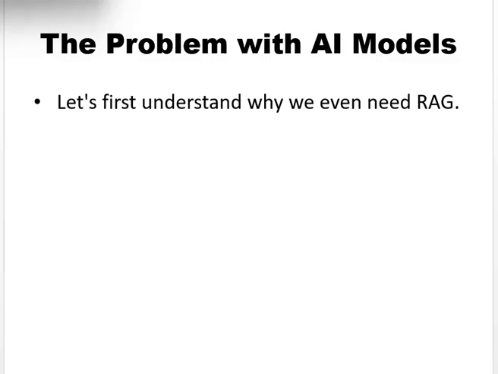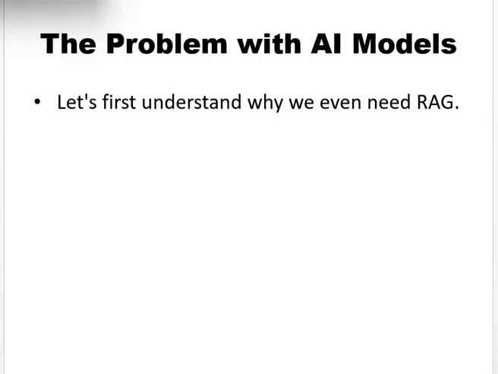So what are the problems with AI models? Let's first understand why we even need RAG, retrieval augmented generation. Imagine we are asking ChatGPT or Gemini, what is the leave policy in my company? And the model has no idea. It has never seen your company's internal HR documents. So what happens? Usually it tries to guess.